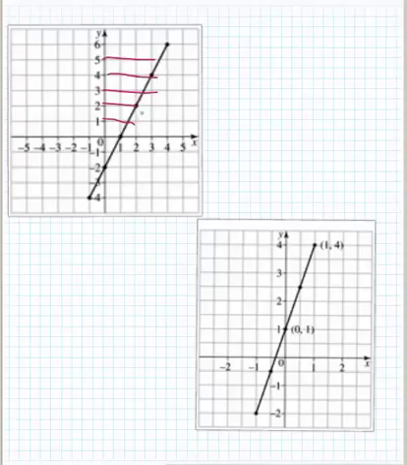The y values are increasing, therefore it's a positive gradient. So that's the first thing you must establish. So m in this case is positive. We're going up the hill.